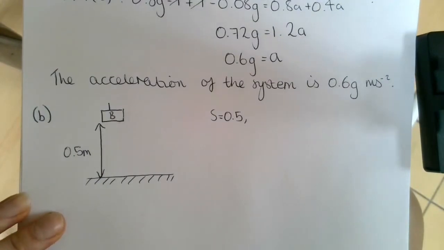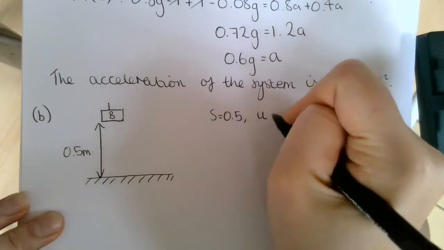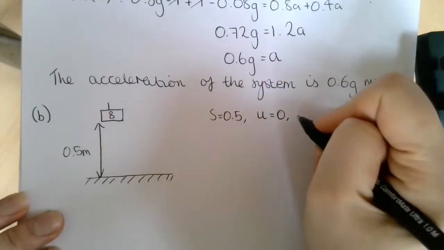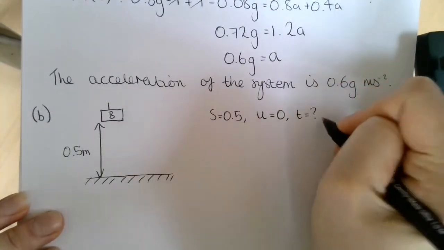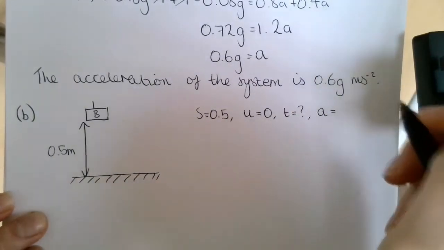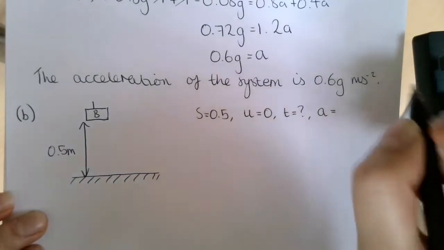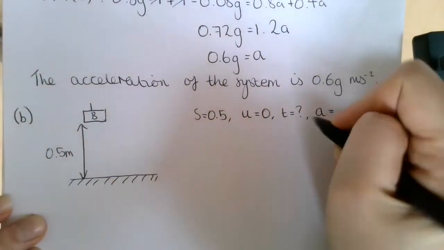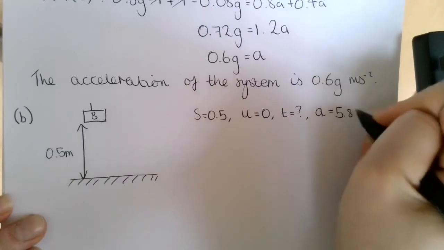U, our initial velocity: it says that the system is released from rest, so u equals 0. t is what we are trying to find, and we've just found that a is equal to 0.6 g. Now 0.6 g is 0.6 times 9.8, which is 5.88.